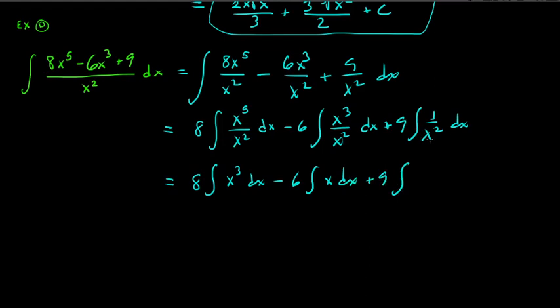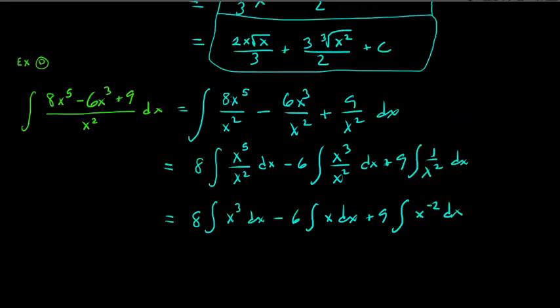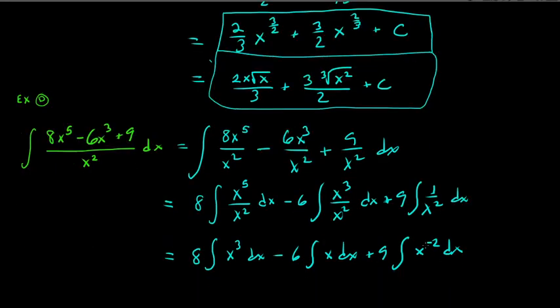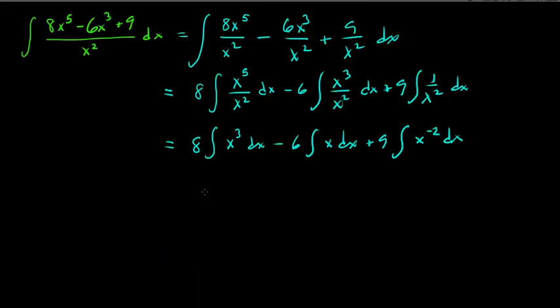Yes, that's also a quotient, but we can get around that by writing this as x to the negative 2 and using the power rule. Right, using the power rule, again, n is negative 2. It's not negative 1. So we're safe in using the power rule here as well. All right, so let's just use the power rule all 3 times here, right? So this is 8 times, if n is 3, n plus 1 is 4, so x to the 4 divided by 4, right?